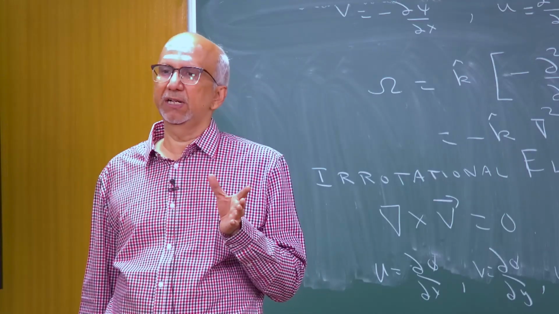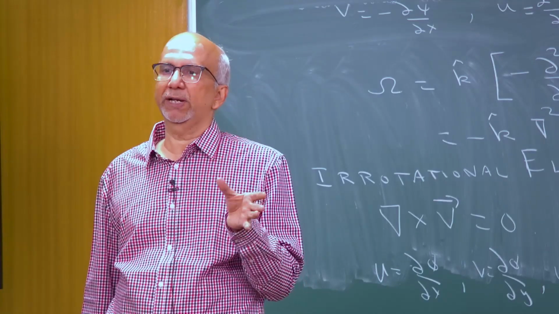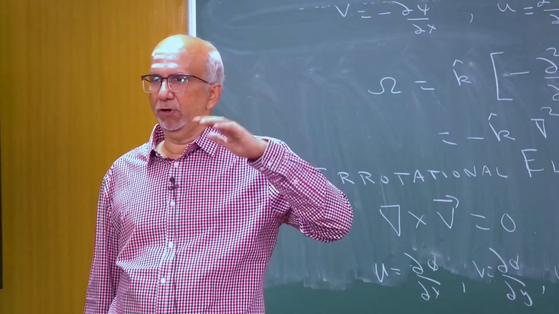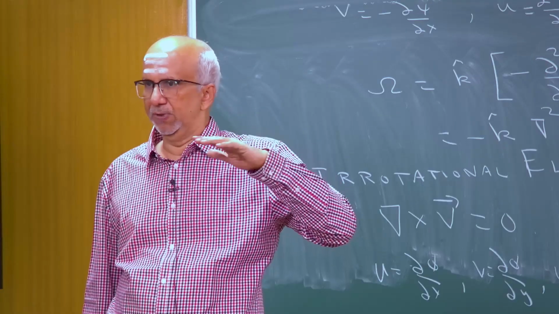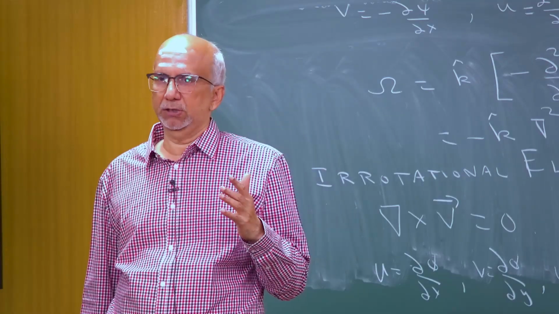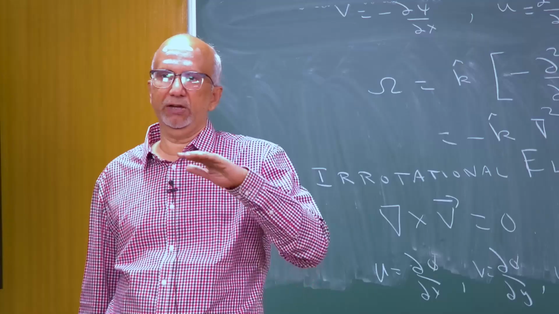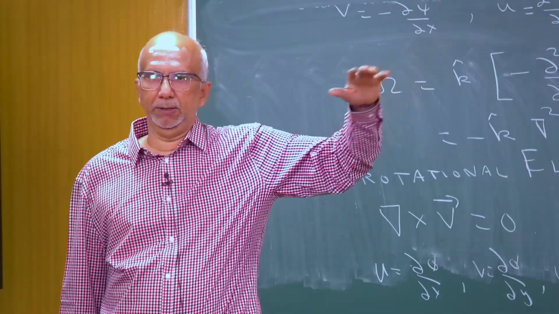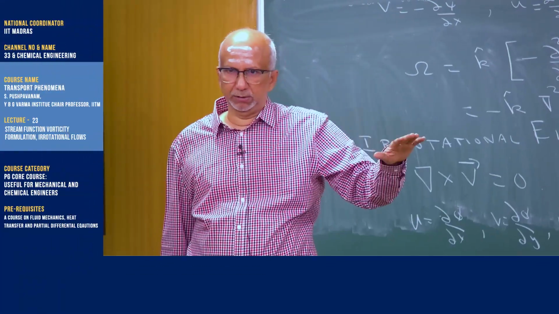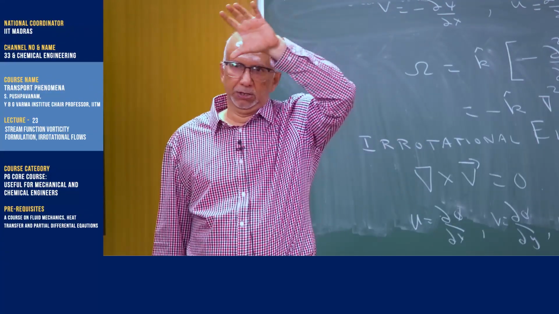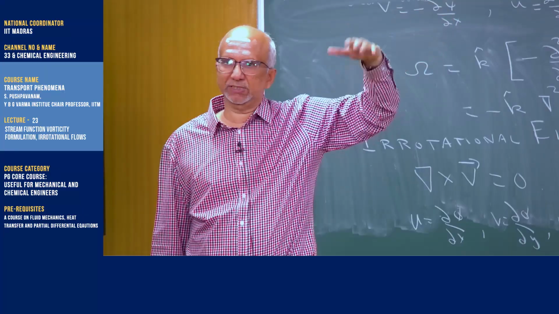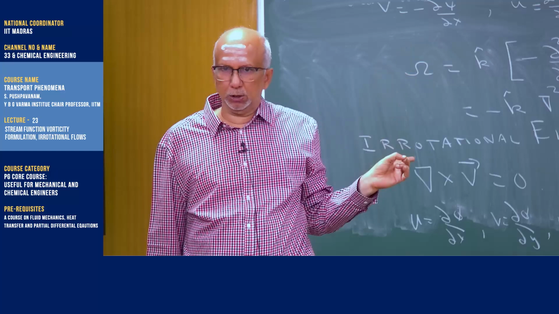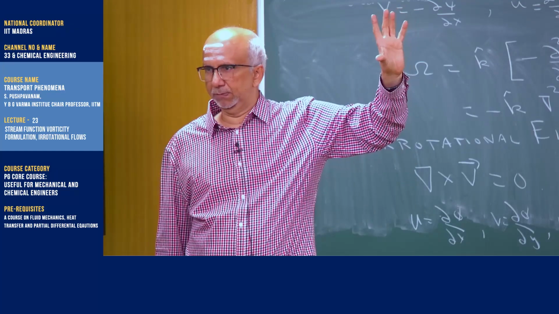Normally this inviscid approximation or this irrotational approximation is valid when you are far away from walls, okay, because there the viscous effects do not show up. So for example, if you have a flat plate and you have a flow of a liquid over a flat plate, near the wall you have the boundary layer, but away from the boundary layer the flow is going to be uniform, there are no viscous effects, and you can calculate for a uniform flow field, curl of V will be 0, that flow is irrotational.